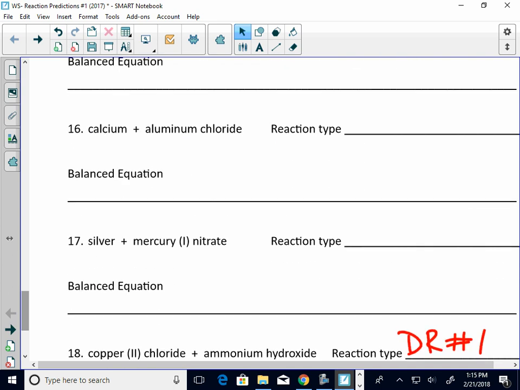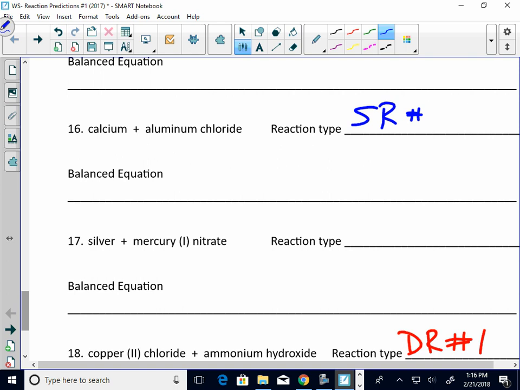16 is calcium plus aluminum chloride. So, I identify it first, and I'm going to say, okay, this is a single replacement. Now let me go through my single replacements. Is it a metal and an aqueous salt? Well, yeah, it is.